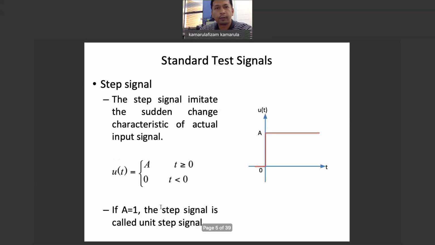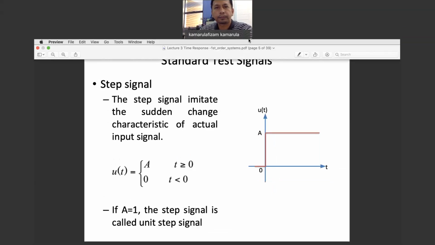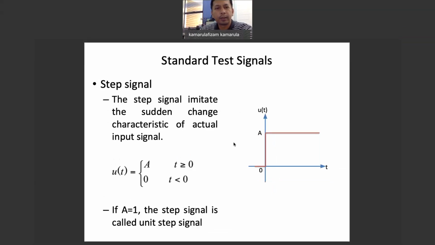Then we have the step signal. For the step signal, the response is something like this. U of t has the amplitude of A for t larger than or equal to 0, and the amplitude is 0 for t less than 0.